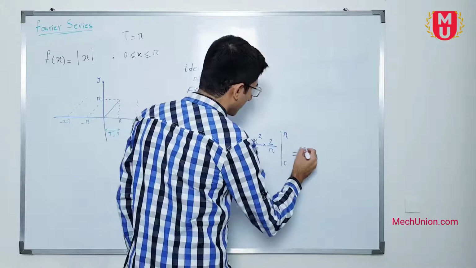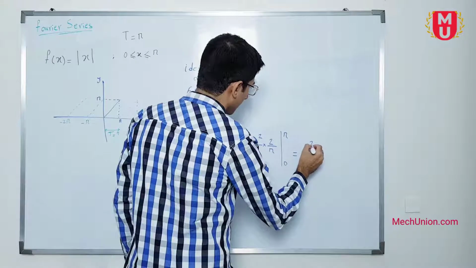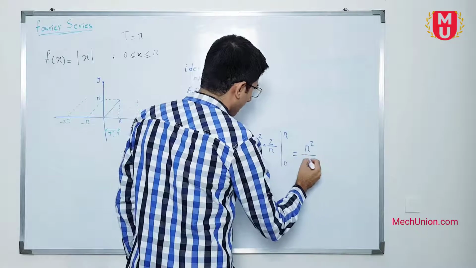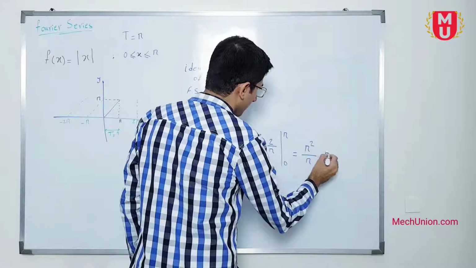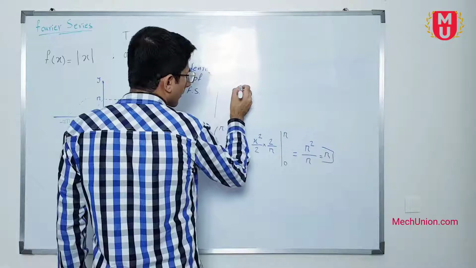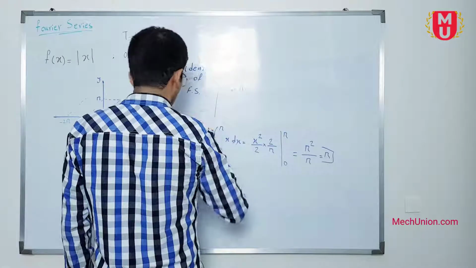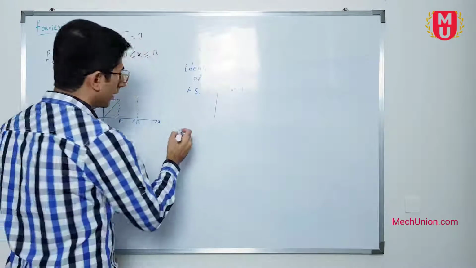We will have pi² over 2 times 2 over pi, which is pi. a naught became pi.